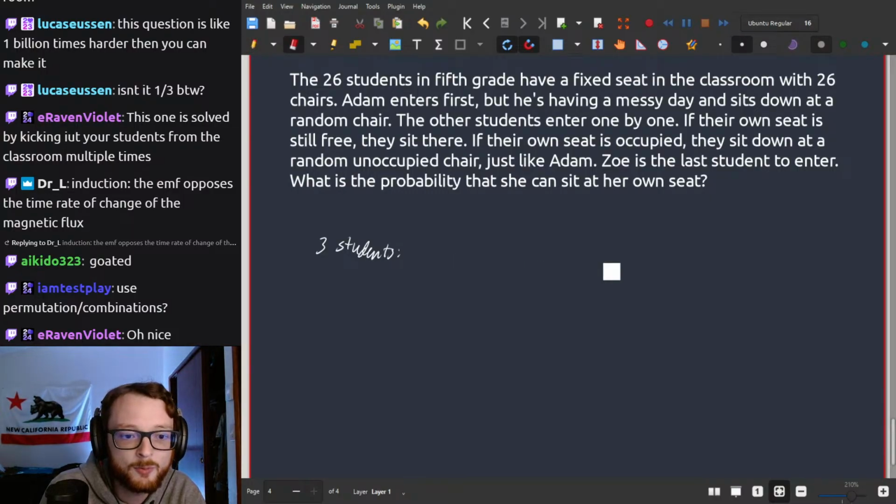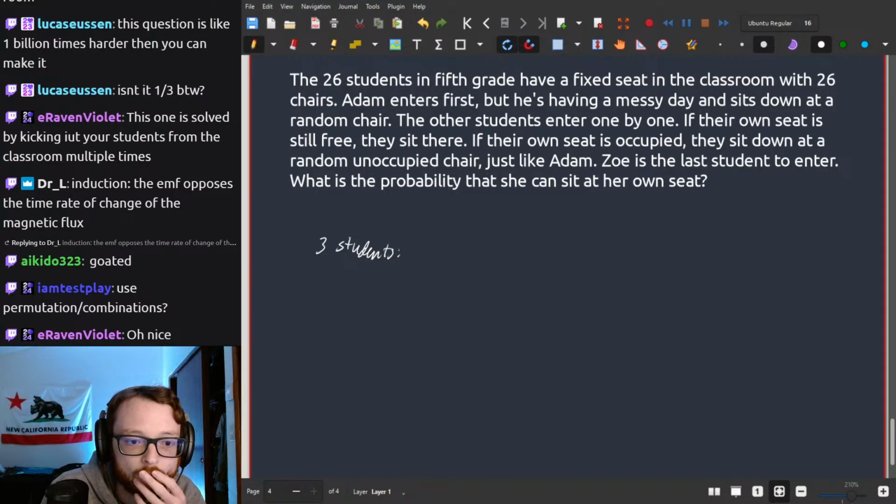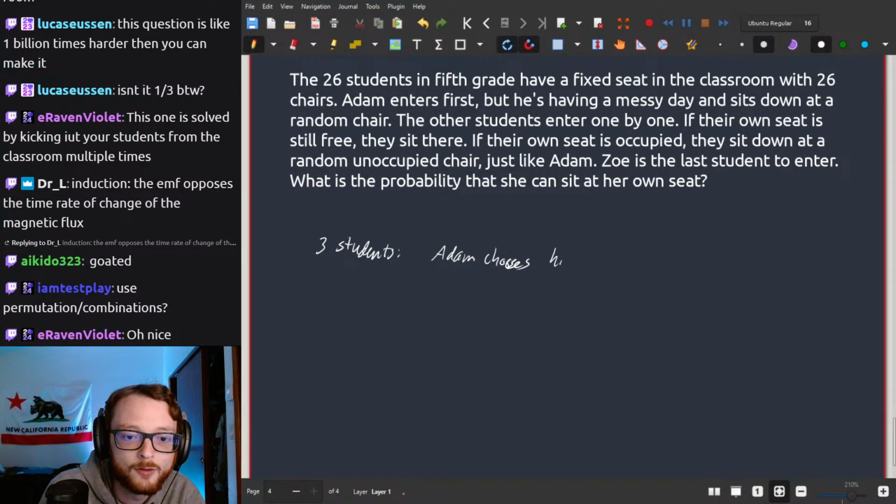Okay, yeah, so maybe we should just say the scenarios where Zoe gets her seat. Adam chooses his proper seat just by chance. That's 1/3.